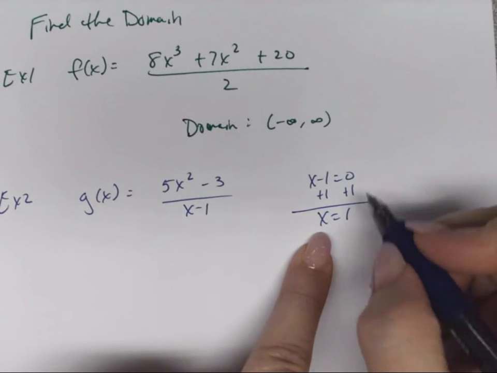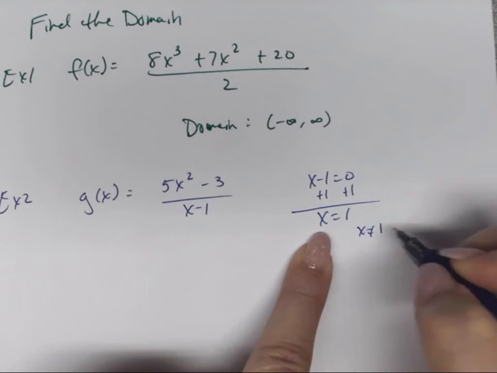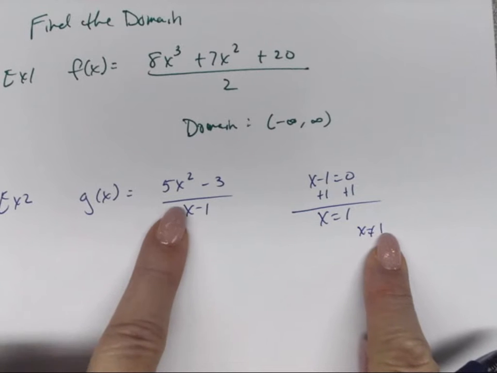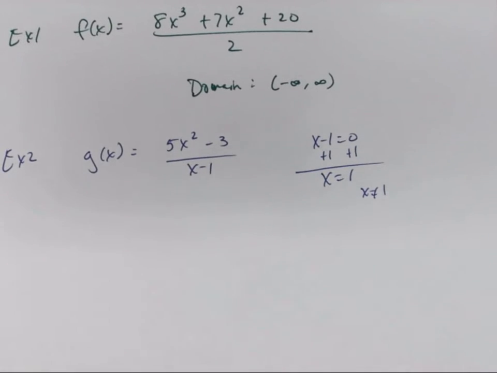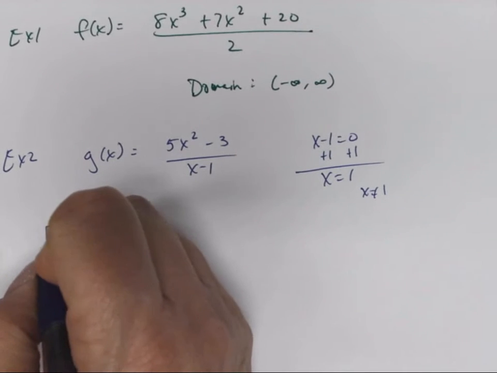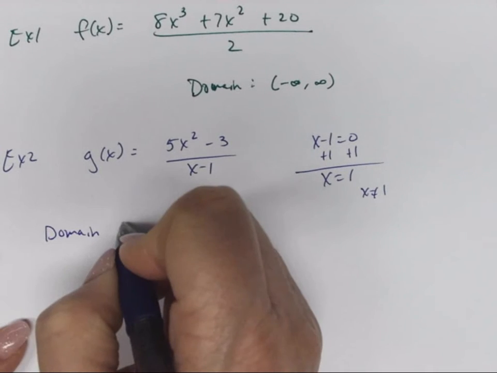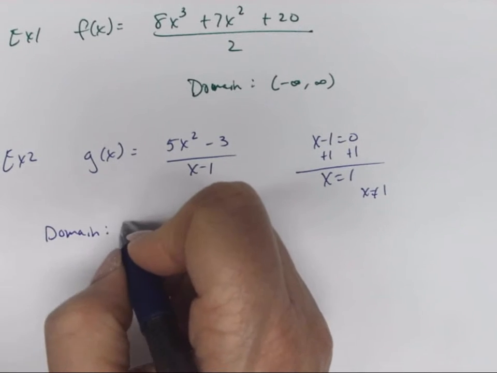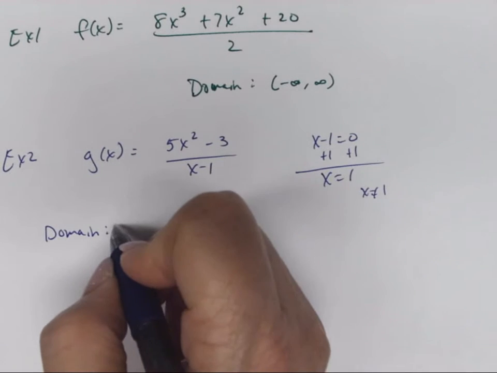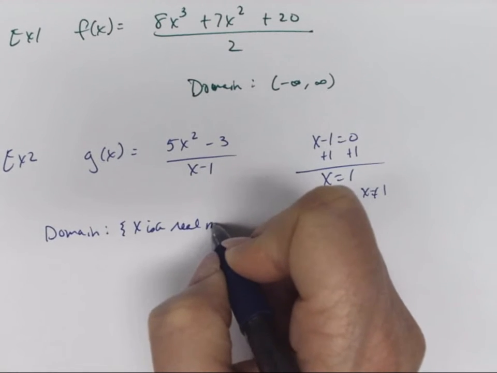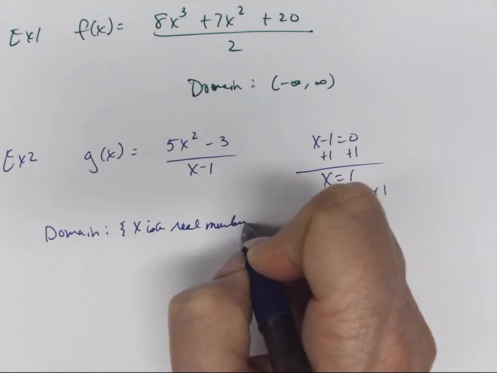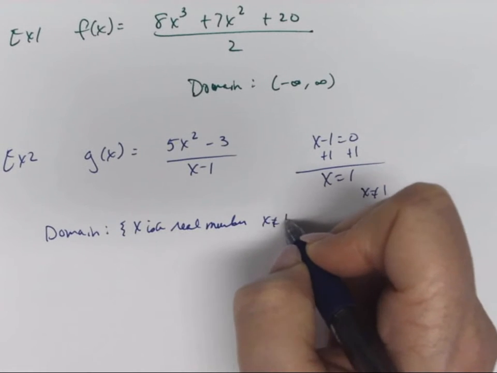What that really means is that x can't be equal to 1, because 1 minus 1 is 0. So our domain, depending on what they're looking for in your answer, could be that x is a real number and x can't be equal to 1.